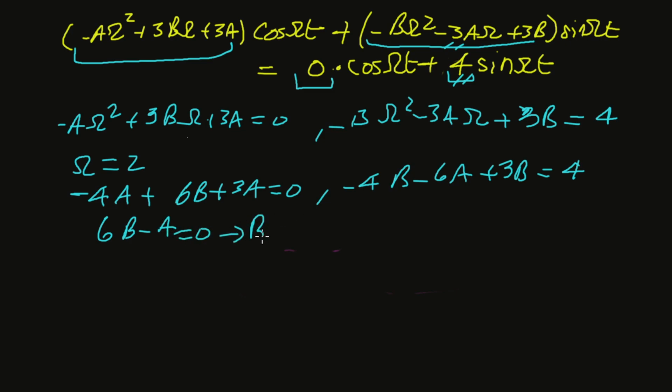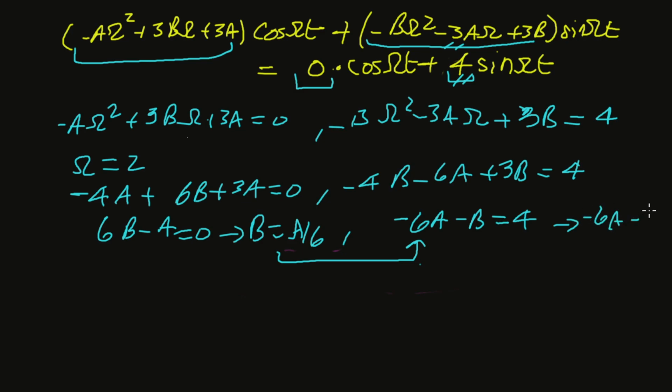Alright, so this is going to be b is a over 6, and this negative 6a minus b is 4, and now I'm going to use this here. Okay, then I will get negative 6a minus a over 6 equal 4.